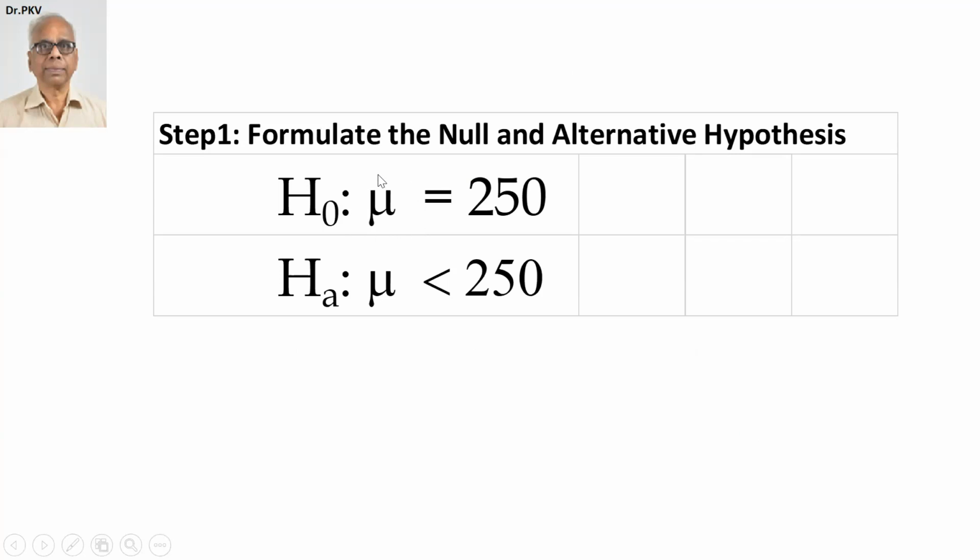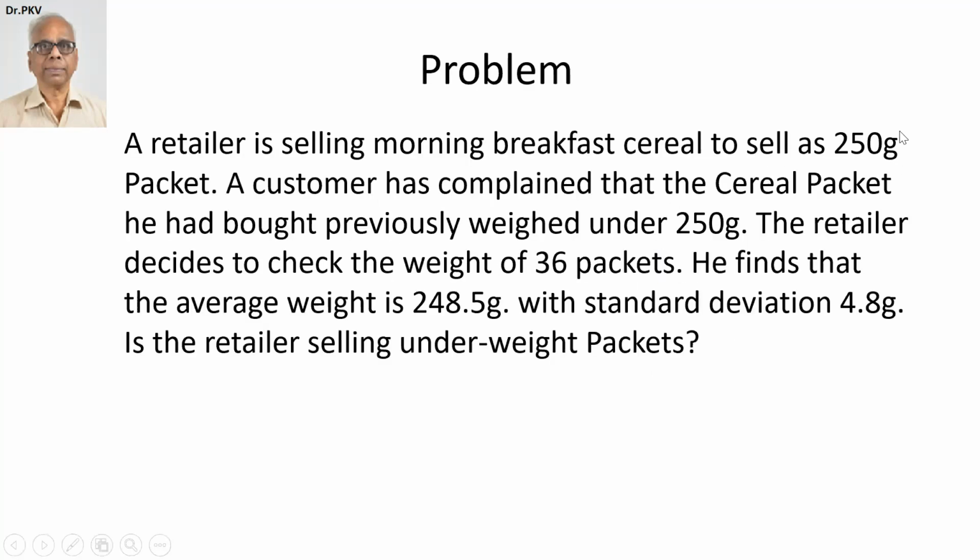We are assuming the status quo, the null hypothesis mu is equal to 250, because the problem says the retailer is selling breakfast cereal as 250 gram packets. That's his assumption: every packet weighs 250 grams. That is the hypothesis he believes.